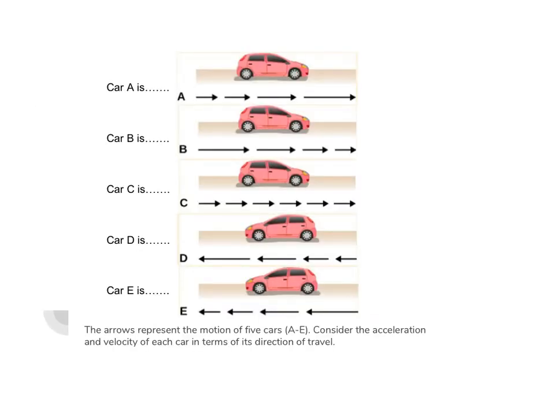All right, so here we have more examples with cars. What we're going to do here is break down whether each car is accelerating. Consider the arrows. The arrows represent the motion of the 5 cars. Consider the acceleration and velocity of each car in terms of its direction of travel.